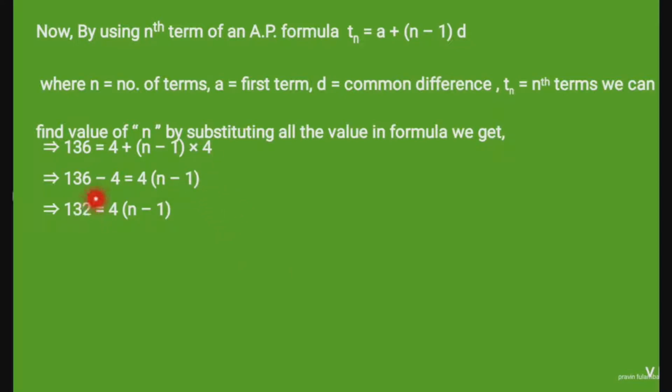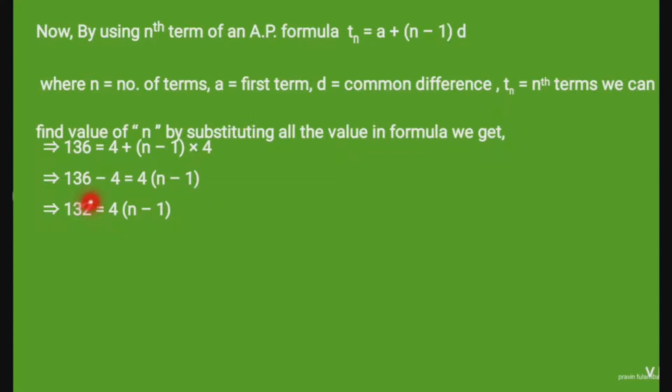So we substitute Tn as 136, a as the first term, and d, the common difference, which we calculated as 4. So here we substitute all the values. This 4 we transfer to the left hand side, we get 136 minus 4, and we write 4 into n minus 1.